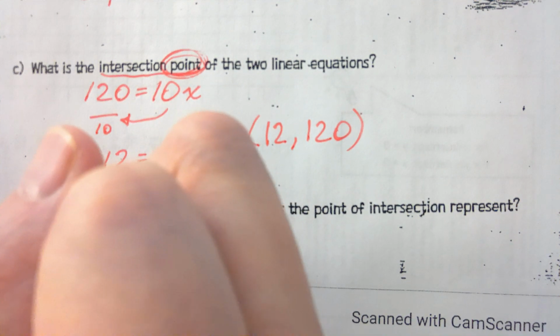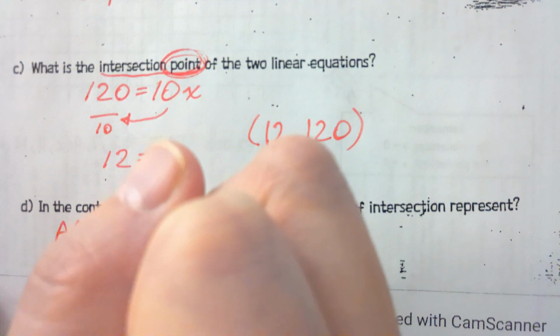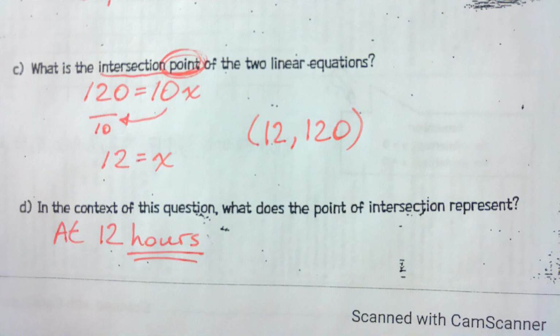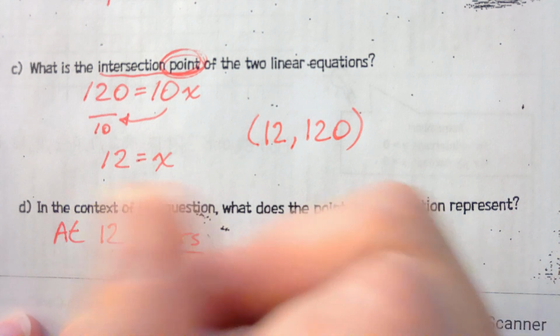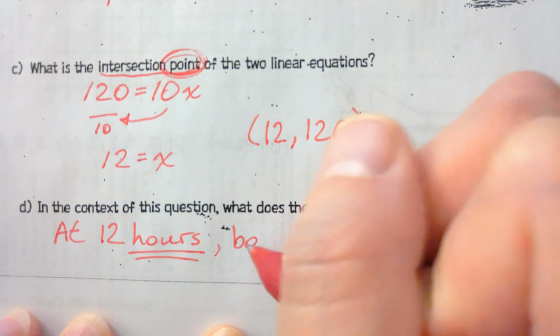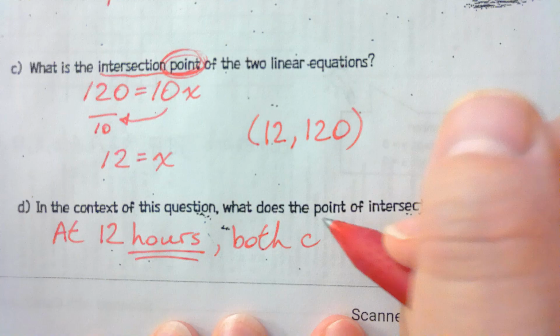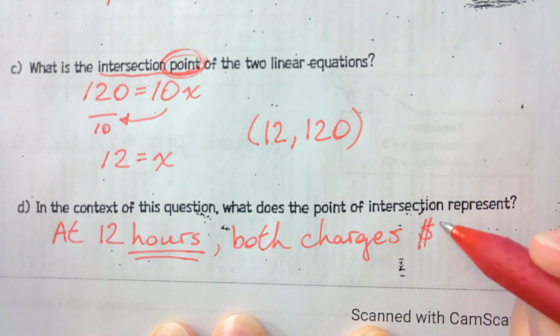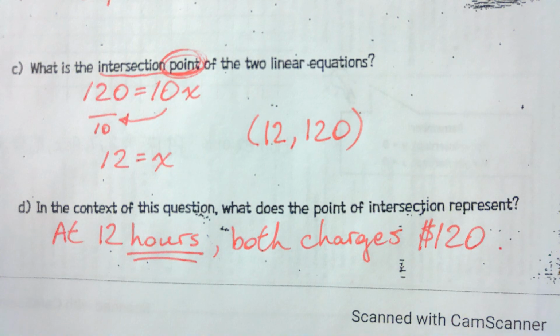So 12 hours. And what does the 120 represent? What's my unit for that? Gavin? Like just the fixed cost. The cost, right. So at 12 hours, both charge $120. Okay?